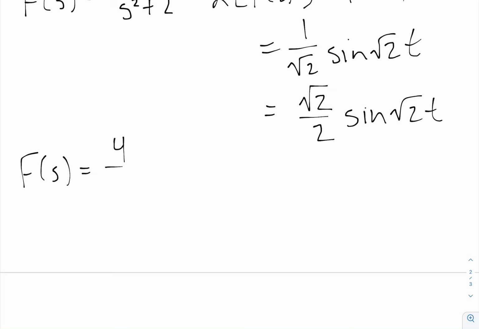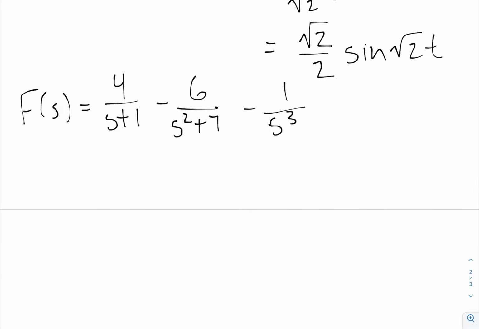Now the next one we're going to do, let's say we had capital F of s to be equal to 4 over s plus 1. I think at this point you kind of get the idea. Minus 6 over s squared plus 7, right, minus 1 over s cubed. Okay, so the inverse Laplace transform of F of s, that's going to equal, well, remember, 1 over s minus lambda is the Laplace transform of e to the lambda t, so the inverse of this must be 4 times 1 over s plus 1, so 4 times e to the lambda t.